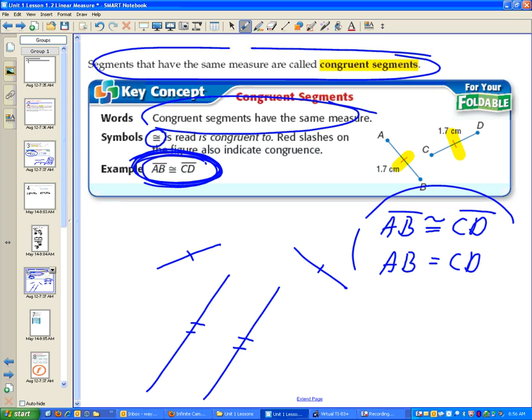If you know one, you know the other, don't you? If I tell you these two segments are congruent, you should conclude their lengths are equal. If I tell you the lengths are equal, you should conclude the segments are congruent. Still with me?